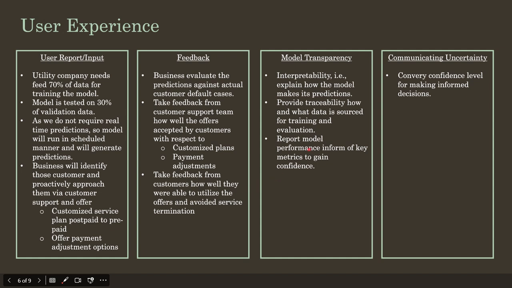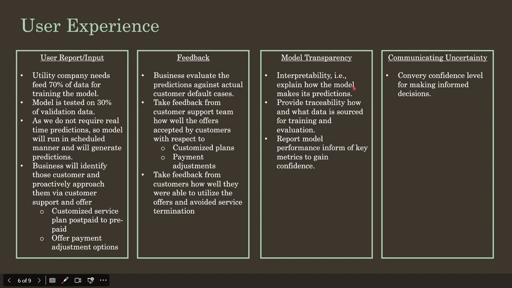So model transparency, we want to have a higher degree of interpretability. That is, we should be able to explain how the model is making the prediction at any point of time. We provide the traceability, how and what data is being sourced to train the model, and the evaluation and the result which is being generated.